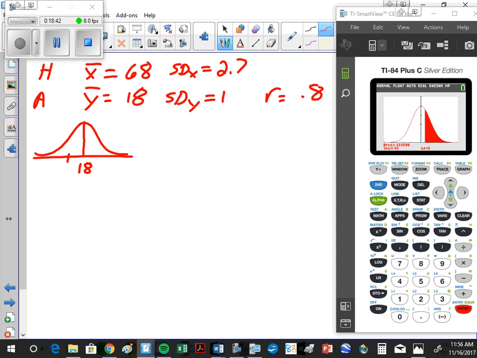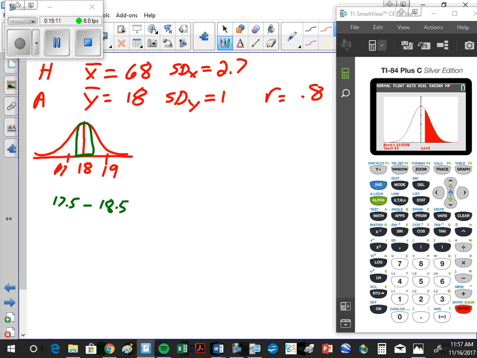So if this is 17 and this is 19, the only people we're concerned about are these people from 17.5 up to 18.5. If you're below 17.5, then you got rounded down to 17. If you were above 18.5, then you got rounded up to 19. So all of the measurements were given in the nearest inch.